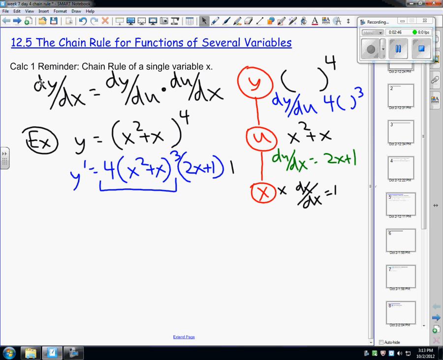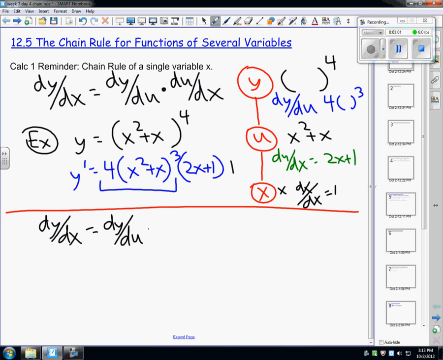For an example, I could do the chain rule and say dy/dx is the same idea as dy/du times du/dh times dh/dx.